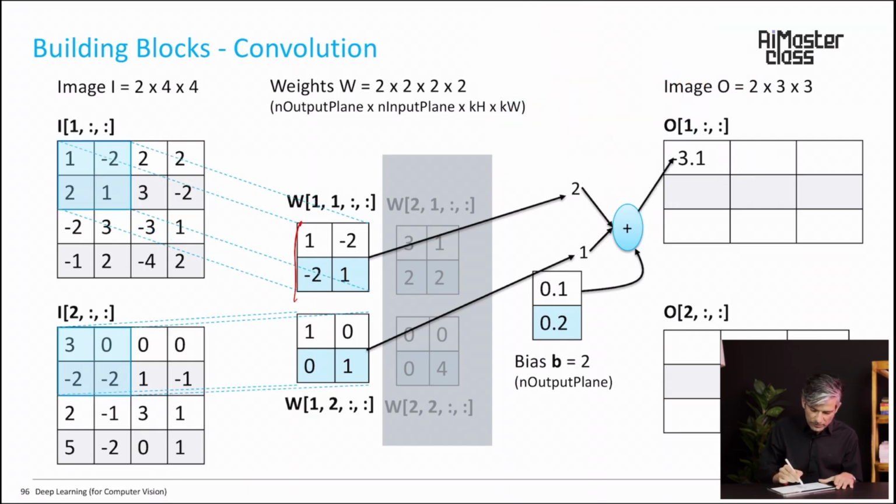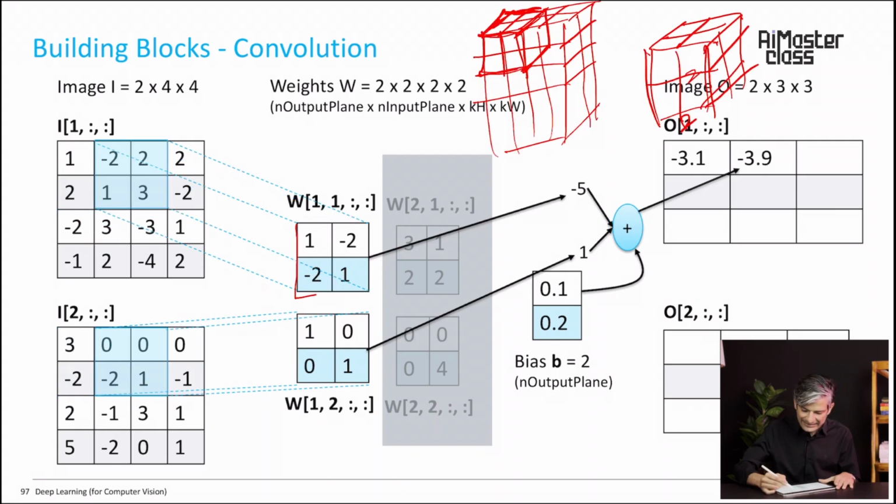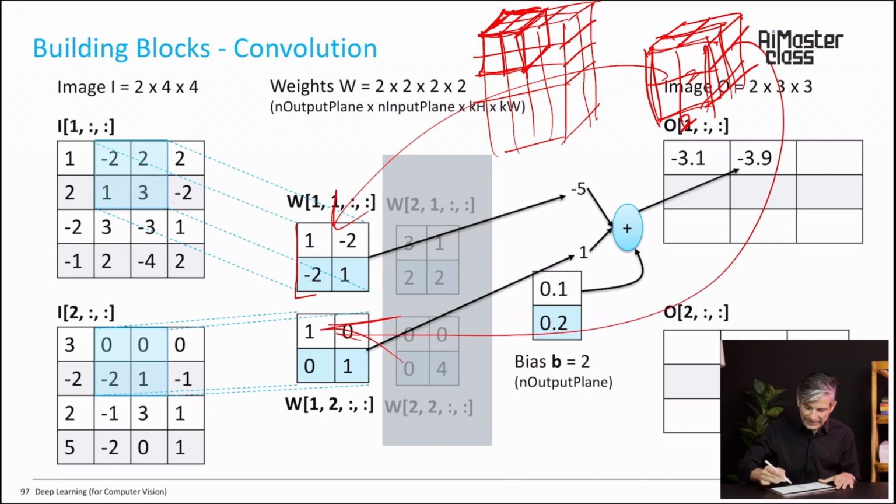What we're doing is we're putting this thing to this part, and we're putting this thing to this part. This is exactly like saying we are showing this front part here and the back part here, and then we are doing a dot product, right? And then we move a little bit. So after we put it here, we will move it here, and then we will move it here, right?